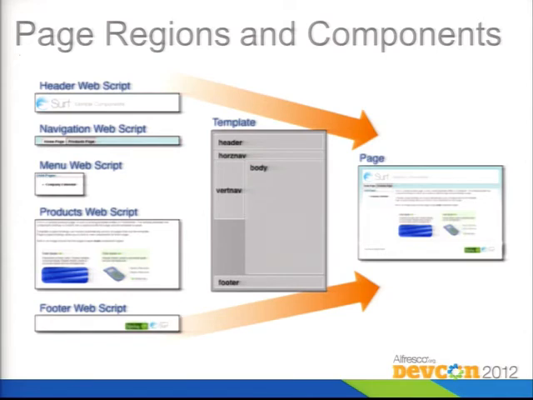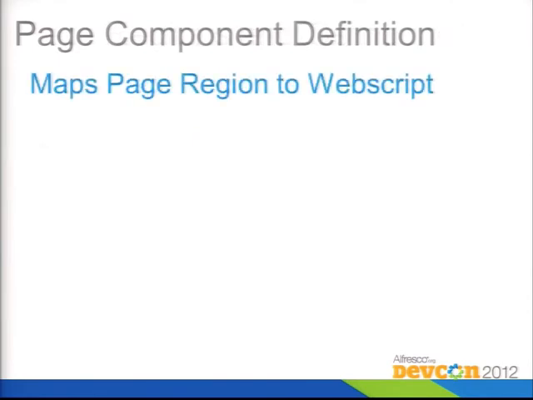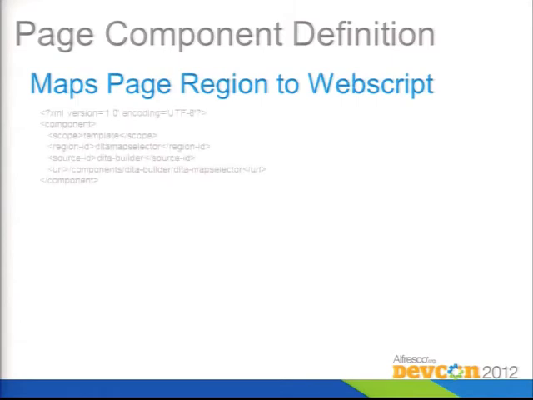It gets a little piece of HTML back for those, and it assembles everything into the final page on an asynchronous basis. So that's what's being represented here: the regions and how the components drive that back into the finished page. Once again, this is a 3.0 way of doing things.